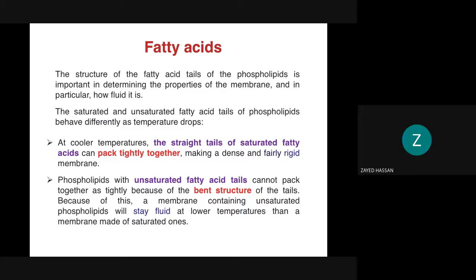Yes, sir. And if it carries too much unsaturated fatty acids, then they may detach from each other, okay? Is it clear? Yes, sir. Okay, then at too high a temperature, saturated fatty acid may be beneficial, isn't it?